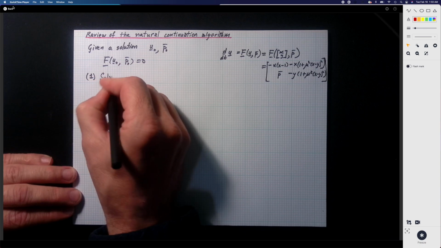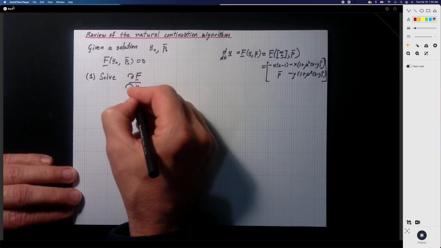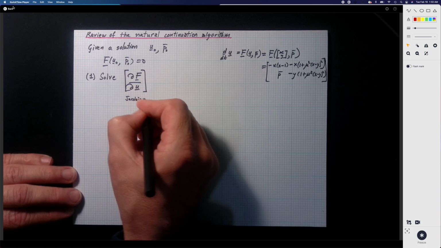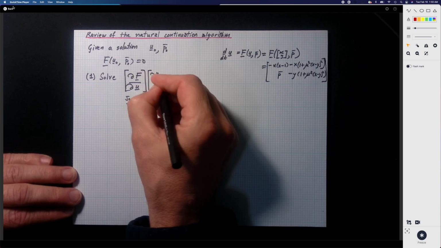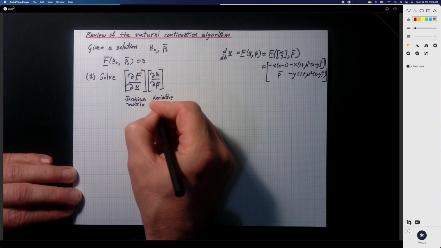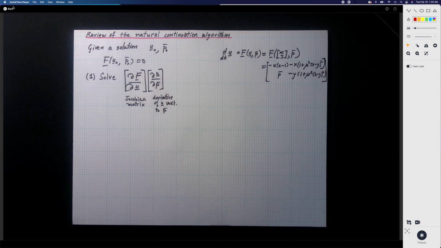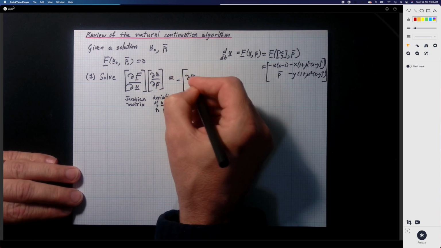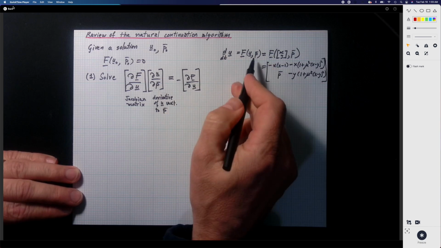So solve df/dU, the Jacobian matrix of partial derivatives, which is a 2 by 2 in our case, times the derivative of U with respect to P bar, equal to minus df/dP bar.